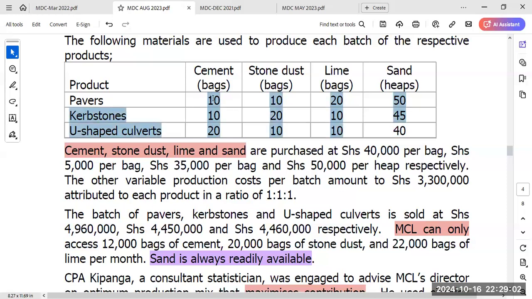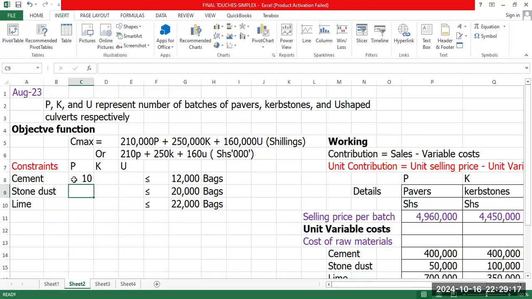So where you have the column for pavers, you just copy and put all of this. 10, 10, 20 for pavers. 10 for cement, 10 for stone dust, and 20 for lime.